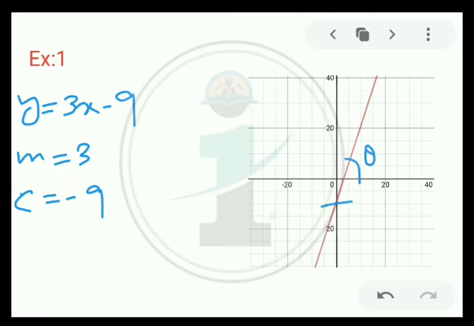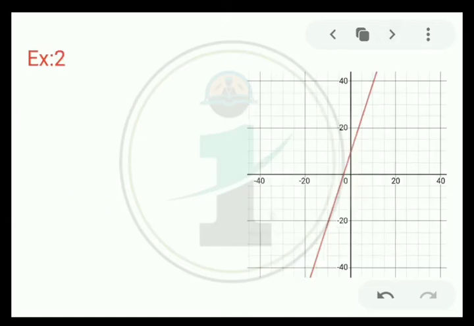If this is theta, then tan theta will be the slope, and as you can see, the angle of the straight line with the x-axis is an acute angle, that is less than 90 degrees. So the value of tan theta will be positive, so that m equals 3 is justified. Now let us see another example. This is similar to the previous one.